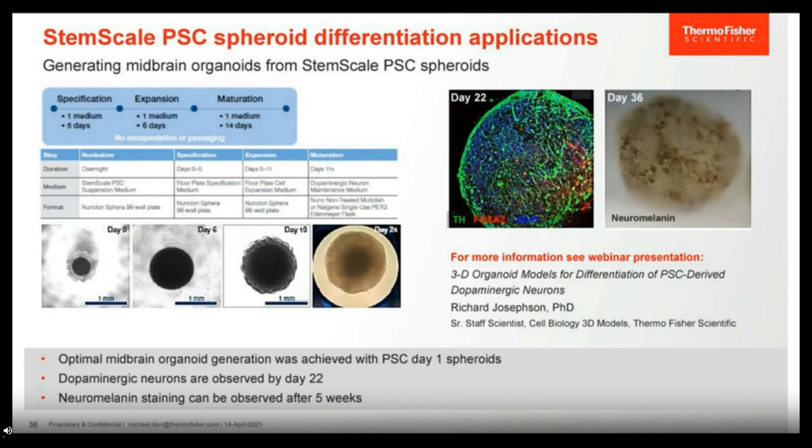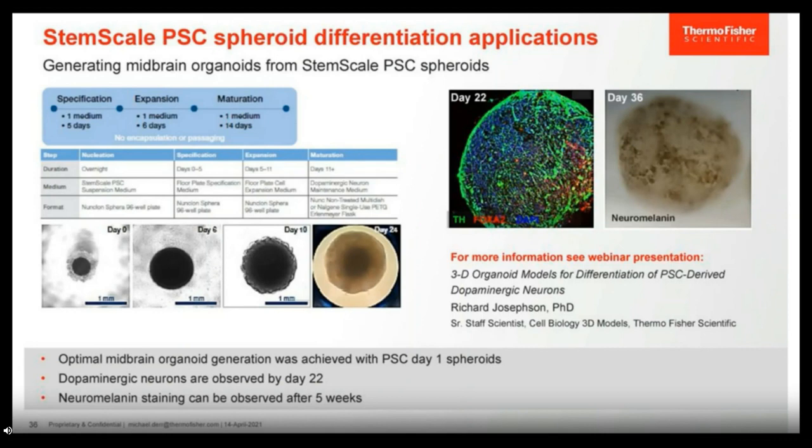The final application that I'm going to present today is generating midbrain organoids from StemScale PSC spheroids. Again, this was done using the PSC dopaminergic neuron differentiation kit, which was originally developed for 2D culture, and Richard optimized this for 3D culture, or for organoid generation.